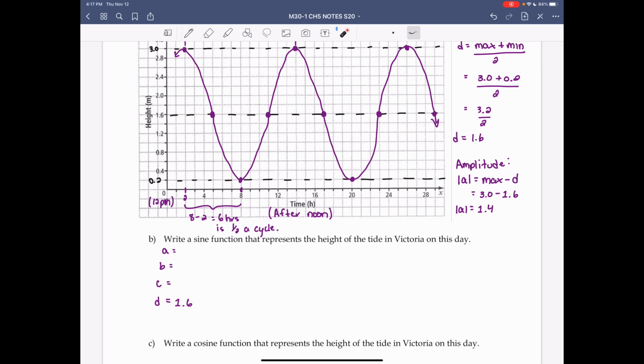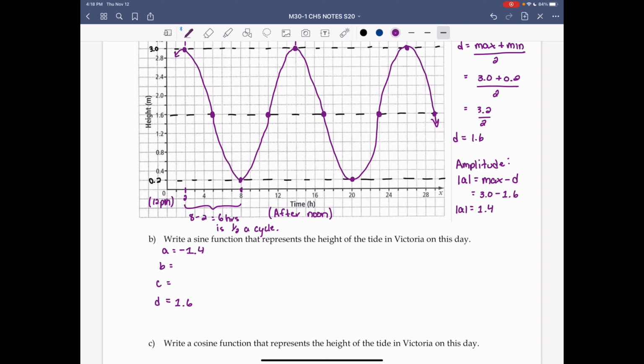But when we think of y equals sine x, from the y-intercept, which is at the midline, it then heads upward as it goes to the right, whereas this one is heading downward as it goes to the right. So we can represent this with a vertical reflection, so by saying that A is negative. So our amplitude is 1.4, and if A is negative, then A is negative 1.4.